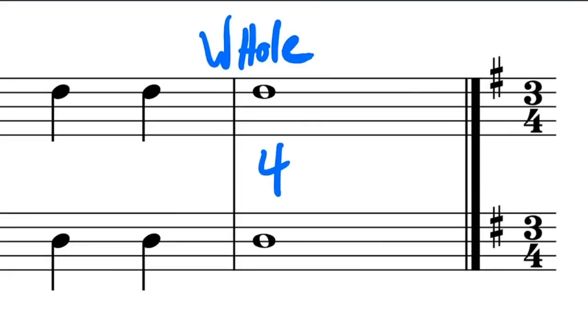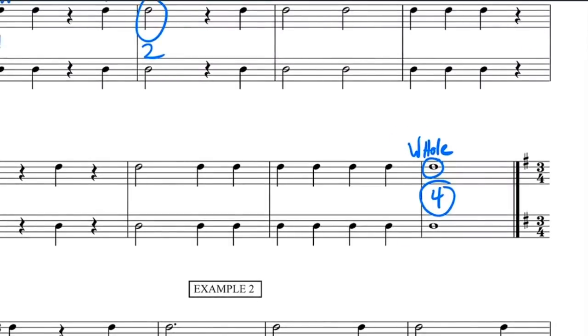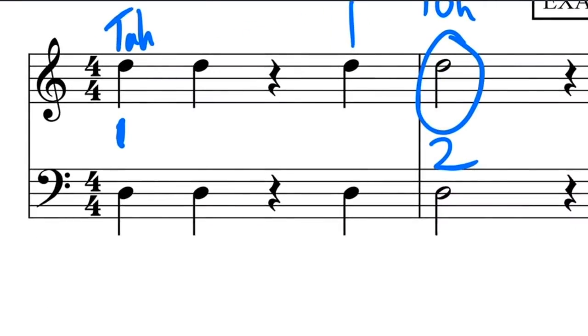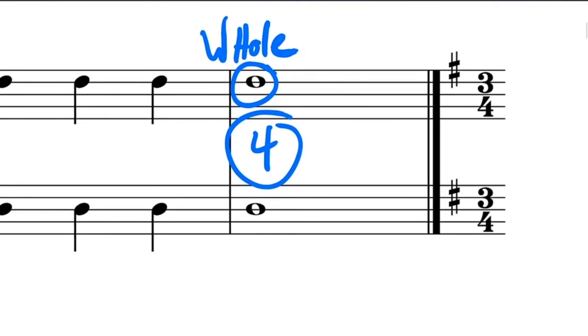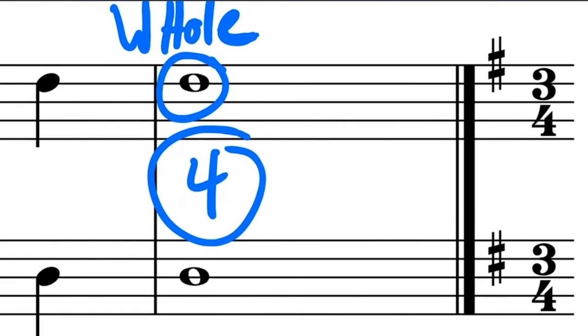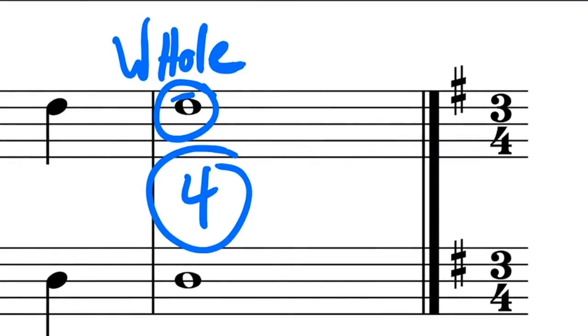What tells us that this note has to be 4 beats? Answer out loud if you know it. Hopefully you said, yes, the time signature tells us that, because again, there are 4 beats in every measure. So this whole note has to be equal to 4 beats, okay?